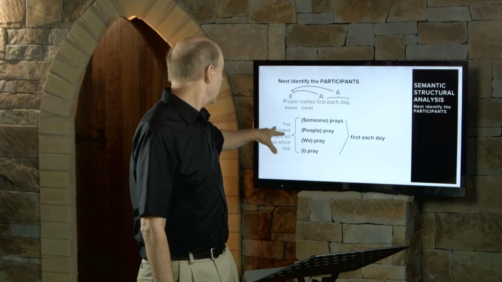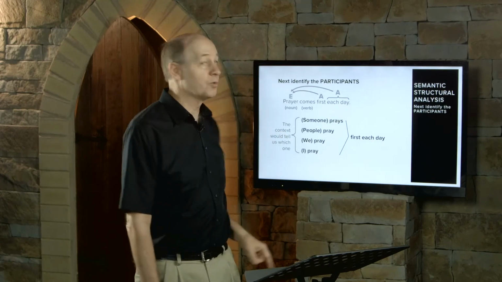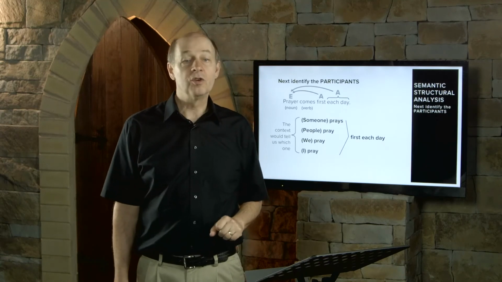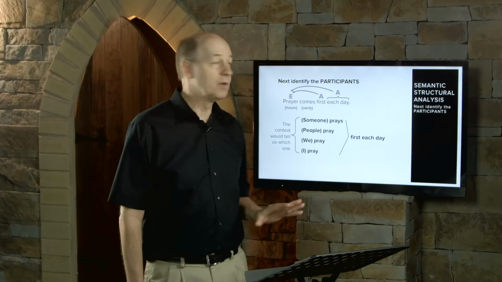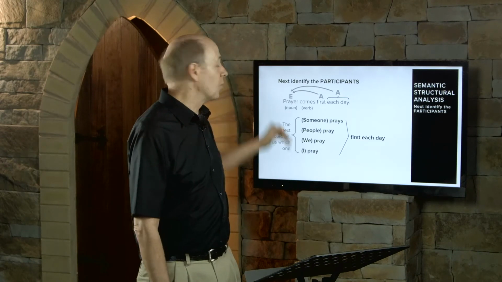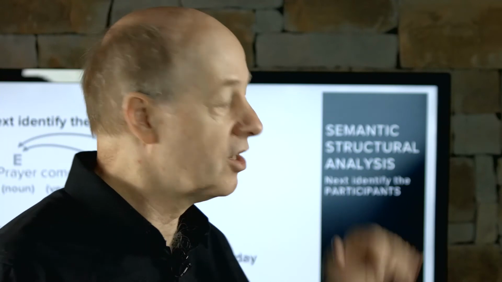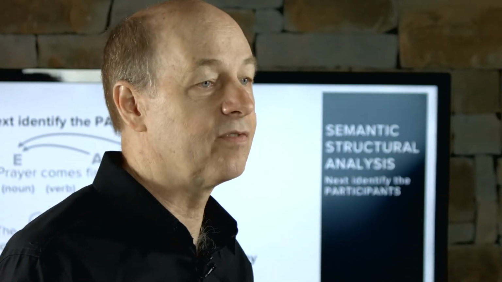So praying is the event. Now again, as with some of the previous examples, we don't know who is actually doing the praying. One thing we need to keep in mind: the examples that we're using in this tutorial are just single sentences taken out of context.